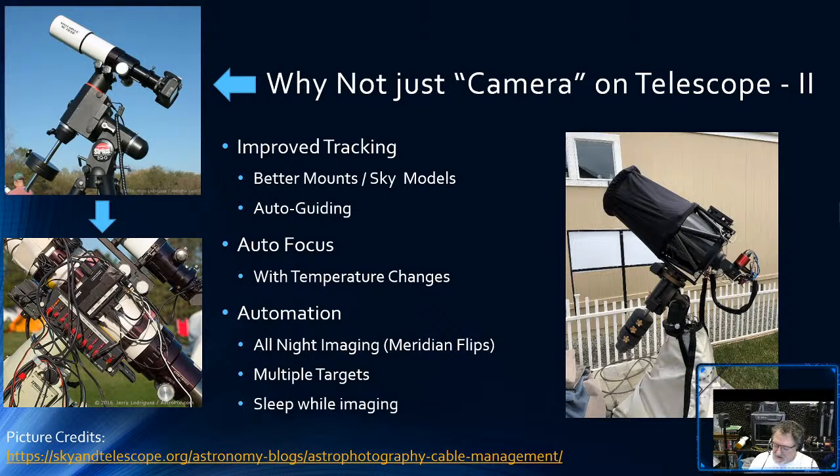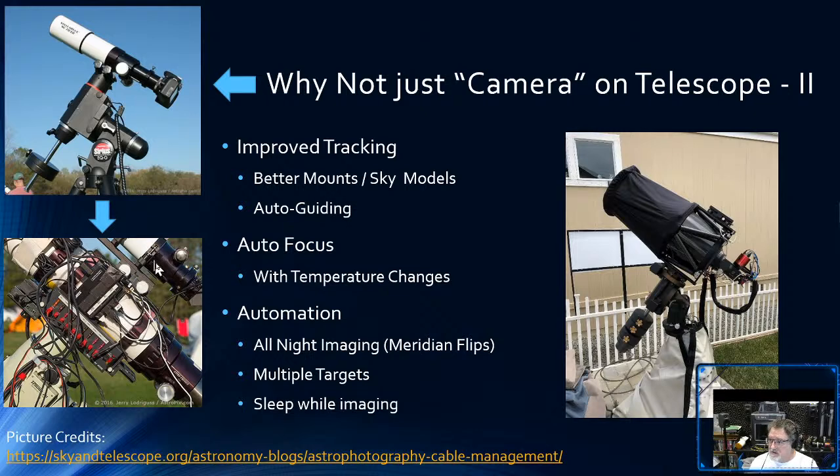So auto guiding, the mechanics of the mount are going to track at a certain rate, and that's it. But there's going to be some inaccuracies due to gears and dirt and the grease and whatnot in your mount. But with auto guiding, you can correct for that by having typically a second camera and potentially even a separate telescope connected to your mount.